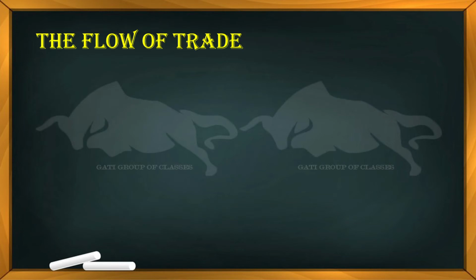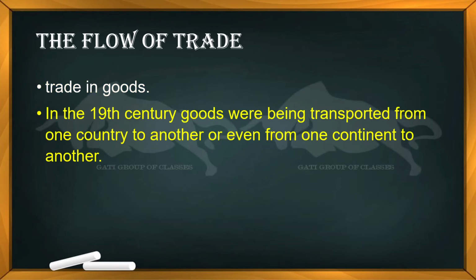The flow of trade. If we talk about trade, obviously it is trade in goods. Goods can be imported or exported within countries or between continents. We are talking about the 19th century, when there was rapid growth in trade and globalization. Things were imported and exported from one country to another, and even from one continent to another.